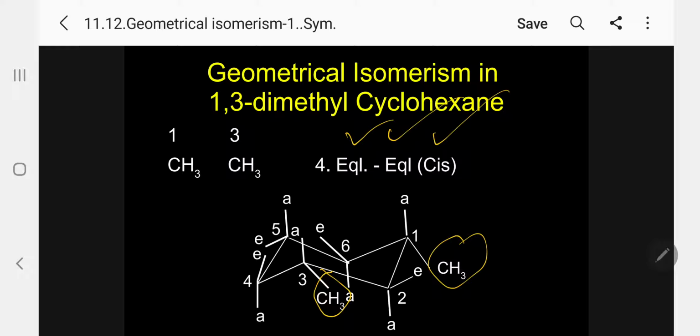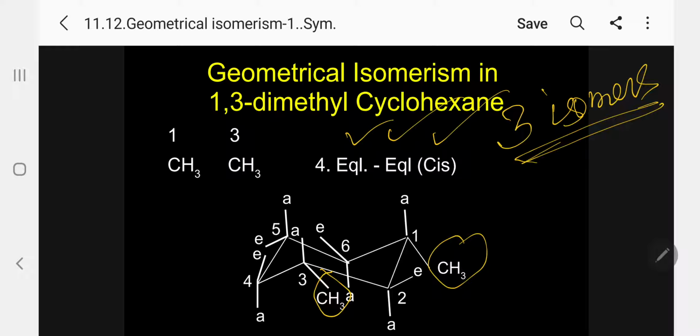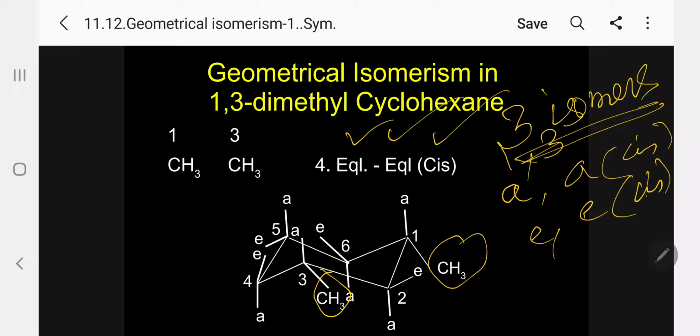So here also there are 3 isomers possible. What are they? First one is axial 1, 3. It is possible, but we told you this is cis. The same way, equatorial also cis. Second example.